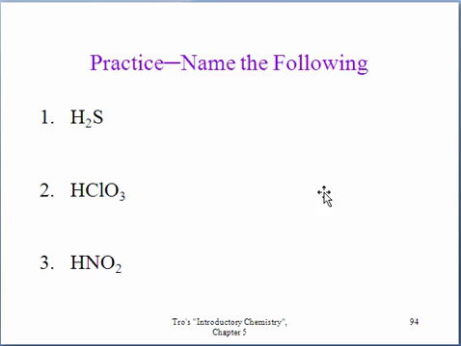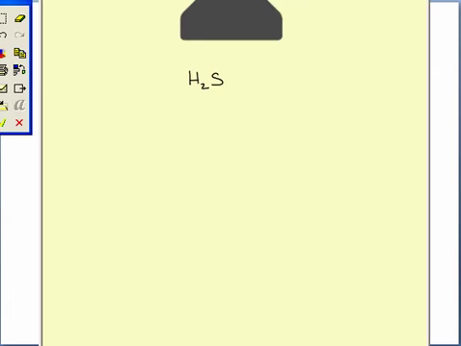So let's apply the rules that we've just gone over for naming binary acids and oxyacids and see if you can name each one of these. Okay, so let's look at our first acid here, and we know these are acids. They all begin with hydrogens. This is a binary acid.